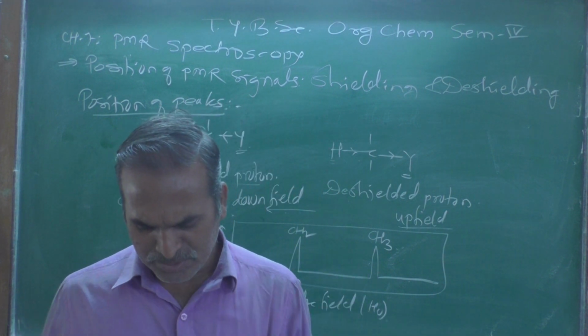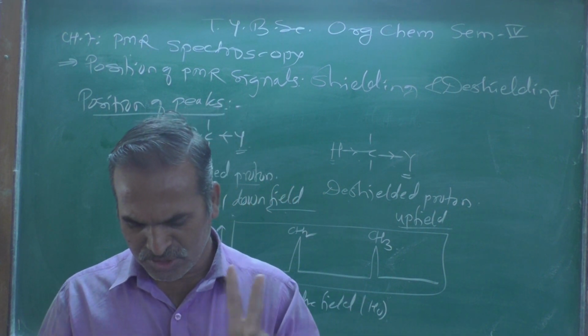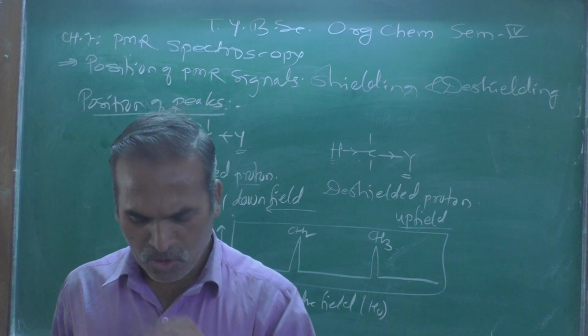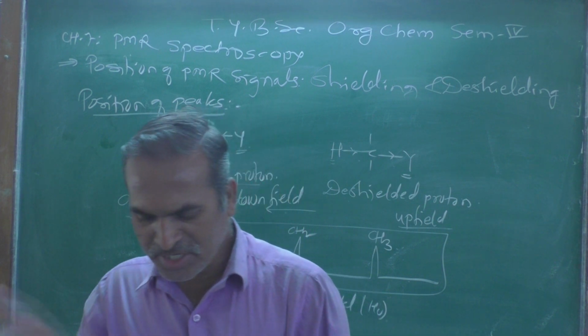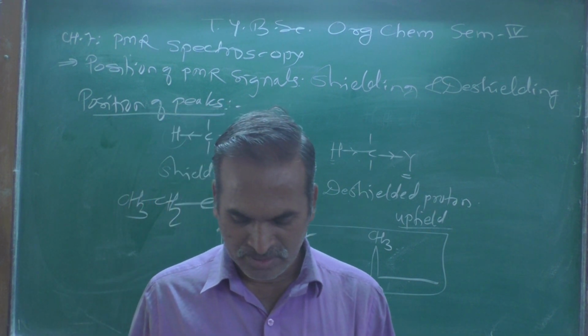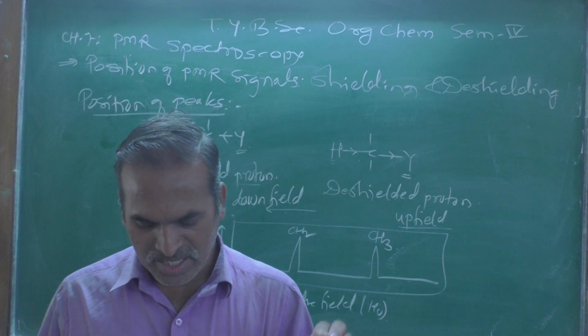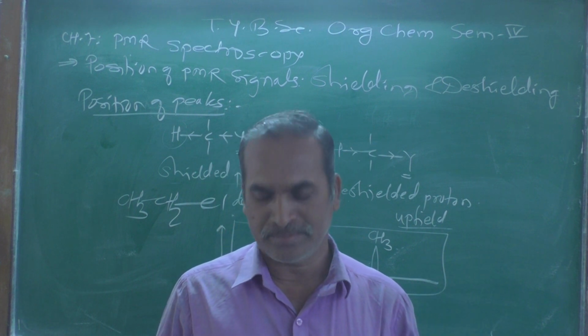The PMR spectrum of ethyl chloride will therefore consist of two peaks, one corresponding to methylene protons and the second corresponding to methyl protons, as they are in different chemical environments.